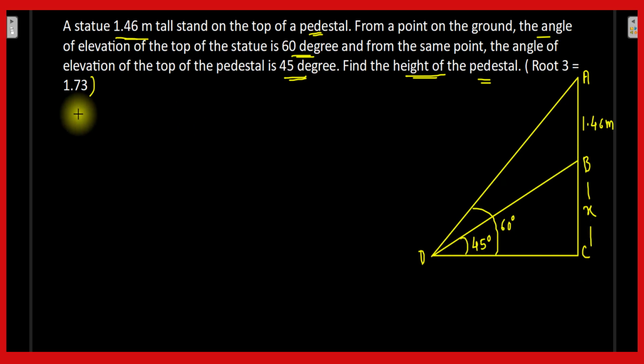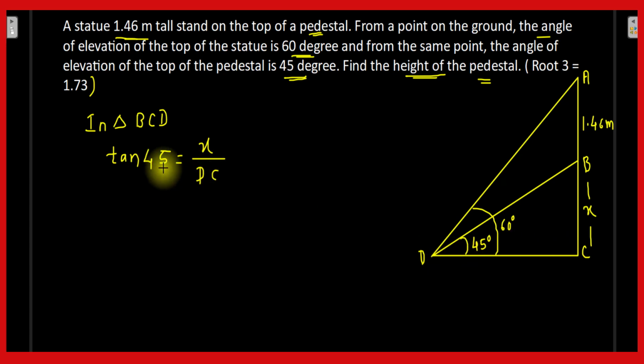In triangle BCD, tan 45 is equal to opposite upon adjacent side. So tan of 45 is equal to opposite, that is x, upon adjacent side, that is DC.